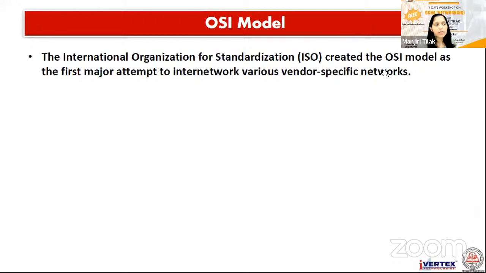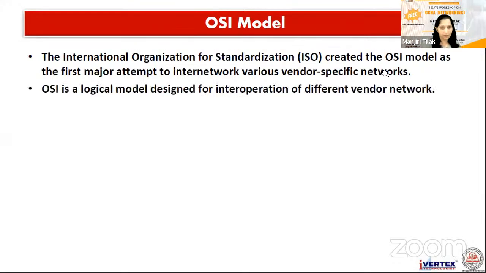So there was a need to standardize the communication process. So OSI reference model is the first major attempt, right, to standardize the communication process so that various vendor specific networks can interact with each other, right? So OSI is completely a logical model, right, designed for interoperation of different vendor network.